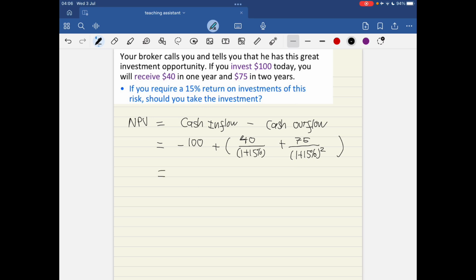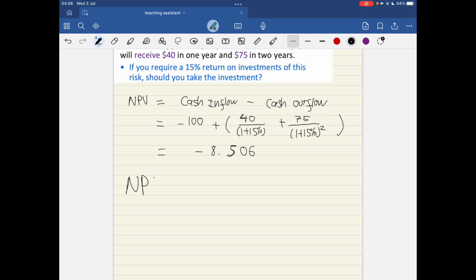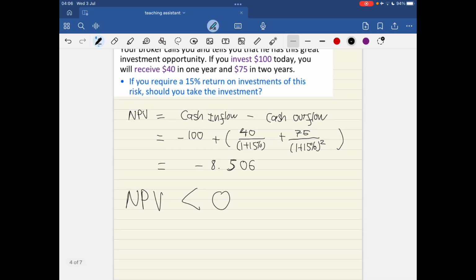So the answer for the net present value is going to be minus 8.506. As you can see here, the NPV is smaller than 0, which indicates that the net present value of every cash flow at this time is smaller than 0. So why would you invest in something if the net present value is lower than 0?